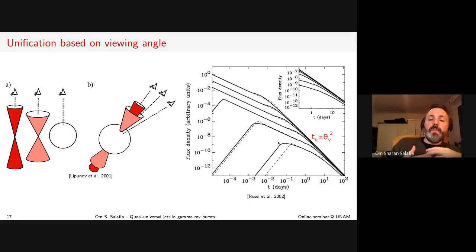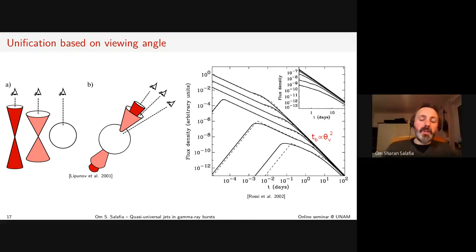So the problem is that the behavior of on-axis uniform jet light curves is quite diverse, and the diversity that you have in off-axis structured jet cases does not have enough definite and evident differences which can be used to definitely point out that this case must be an off-axis jet.